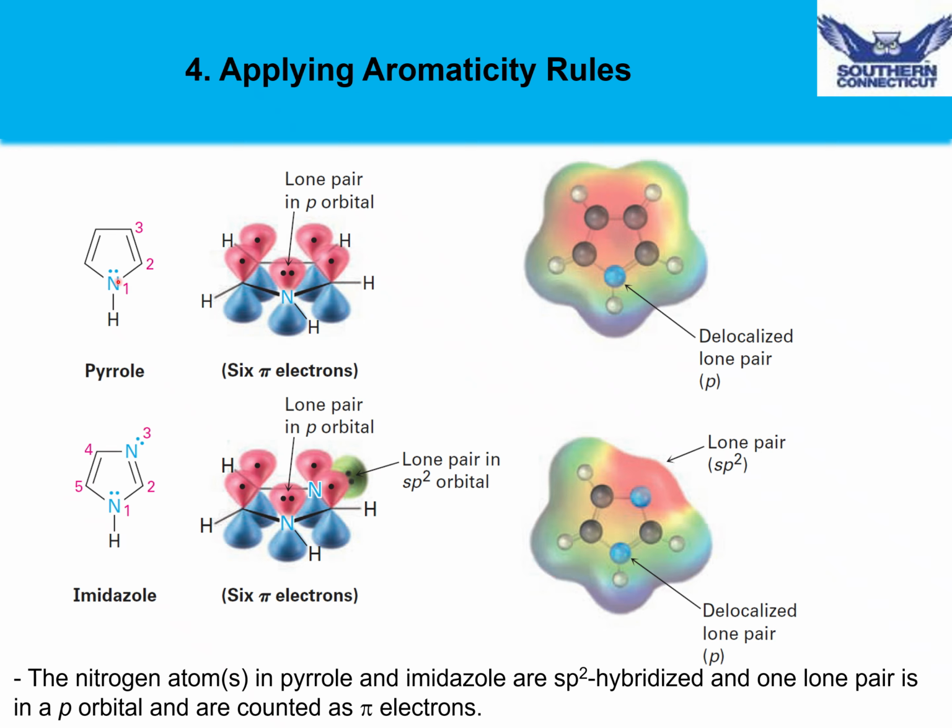The nitrogen will be also sp2 hybridized, and it contains a p orbital as well. That p orbital will be aligned with the other p orbitals on the carbons. This p orbital on the nitrogen will have a lone pair in that orbital. And so we count those 2 lone pair electrons as part of the pi cloud, giving pyrrole 6 pi electrons. And so this compound is an aromatic compound.